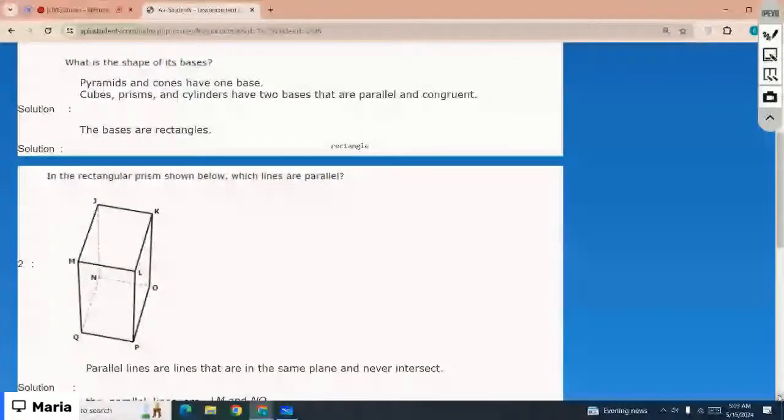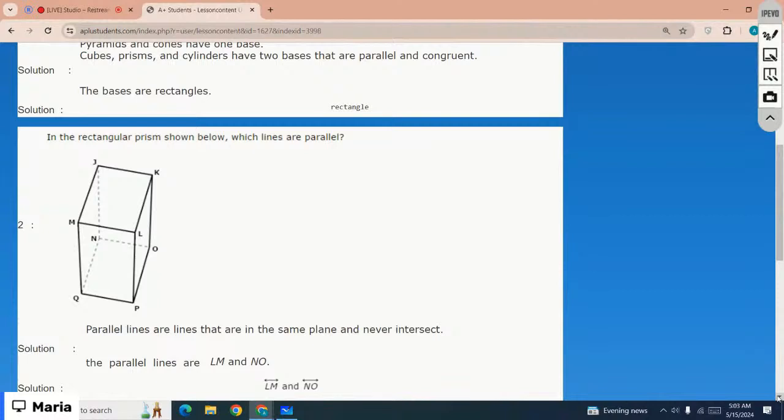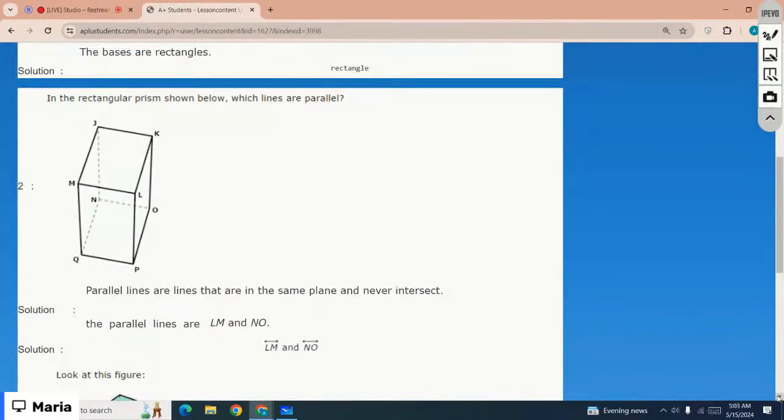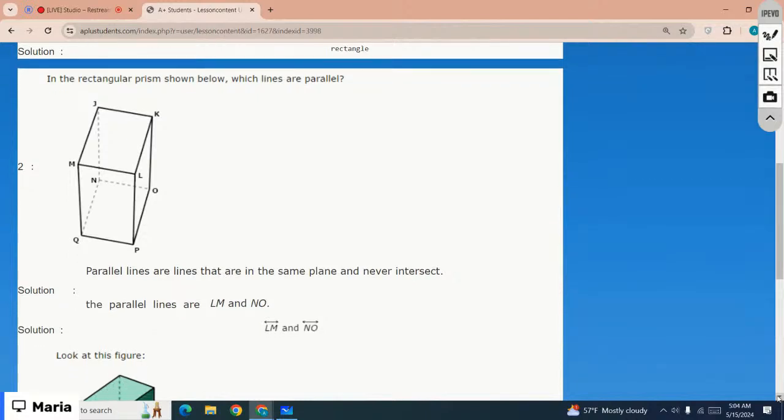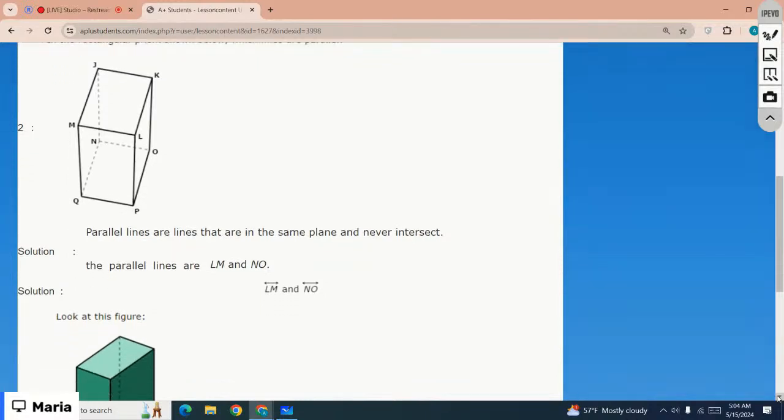In the rectangular prism shown below, which lines are parallel? Parallel lines are the lines that are in the same plane and never intersect, right? So LM and ON are the parallel lines.